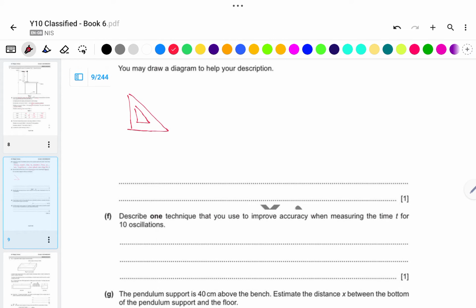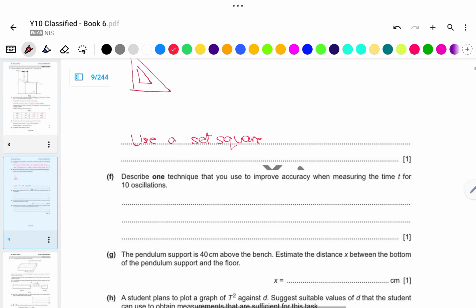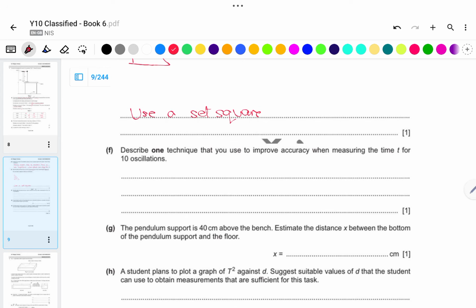So we're going to say use a set square. If you want, you can say, I'm going to use a meter rule, but I'm going to put it close to the bob or the pendulum. So you can use this, or you can say that you're going to use a ruler or a meter rule close to the bob or the pendulum.